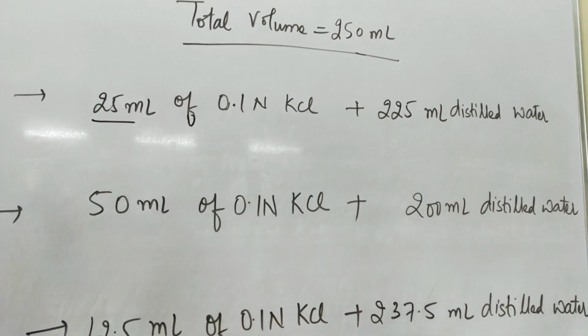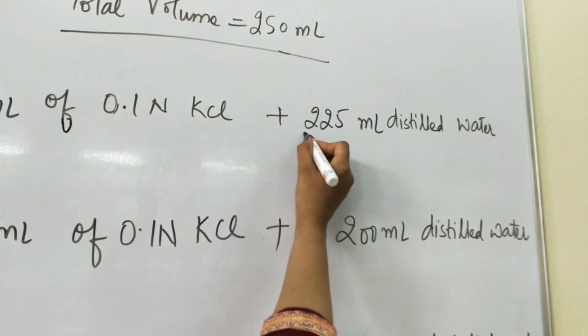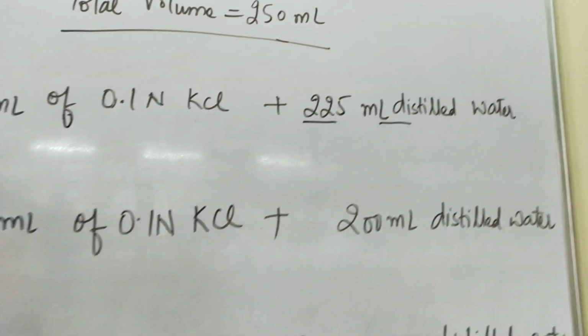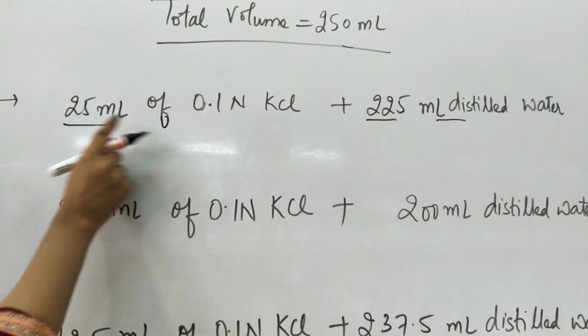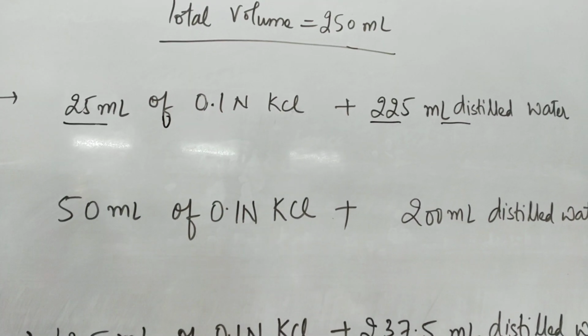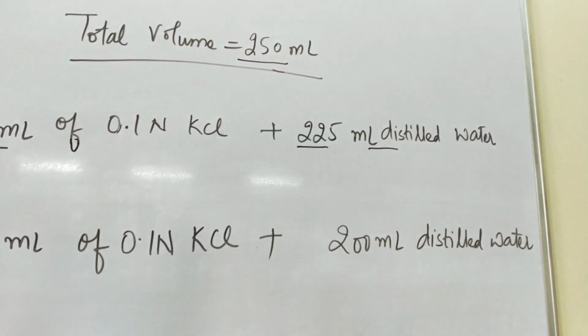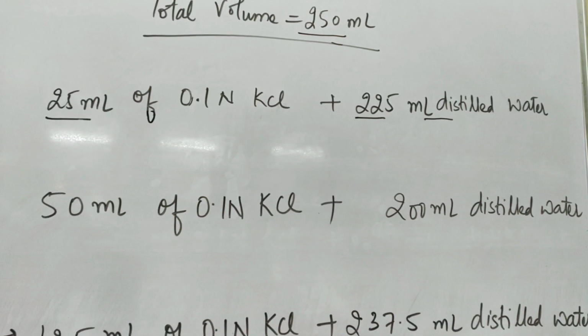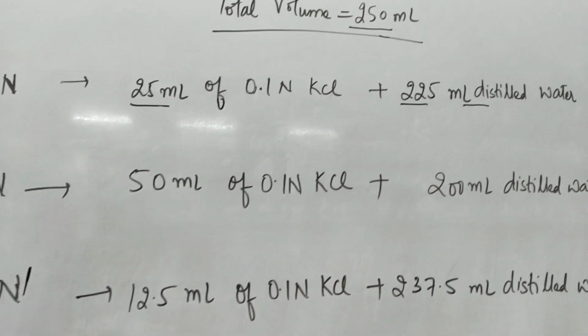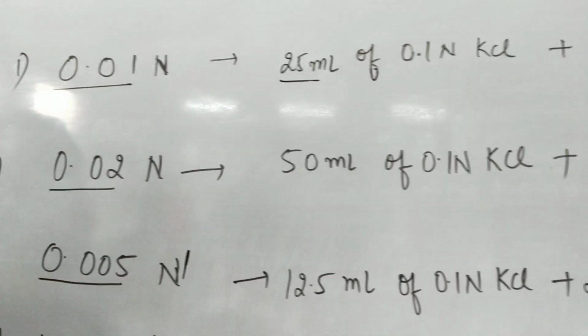So to prepare 0.01 normal, I have calculated by using this formula 25 ml of 0.1 normal KCl, and we will add 225 ml of distilled water. Means we will take 25 ml of our master solution and add the rest of the water to make the solution equal to 250 ml. Total volume will remain 250 ml. Our second concentration is 0.02 normal.